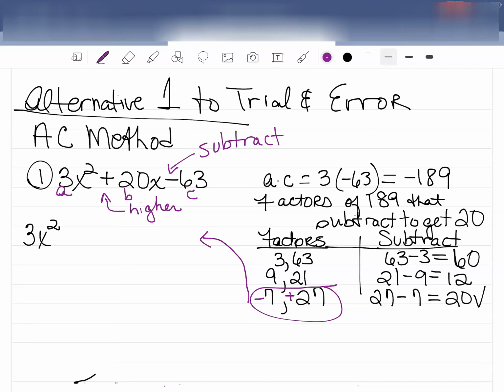If I needed a negative 20, I just reverse the signs. Do the minus in front of the 27 and the plus in front of the 7. What I'm then going to do is, instead of writing the 20x, I'm going to write the minus 7x plus 27x.